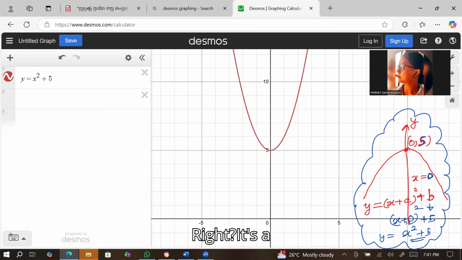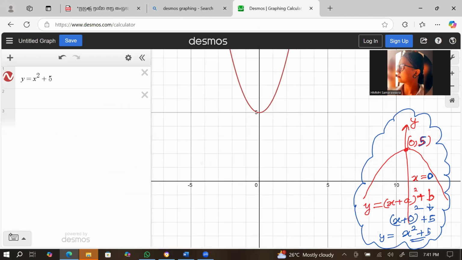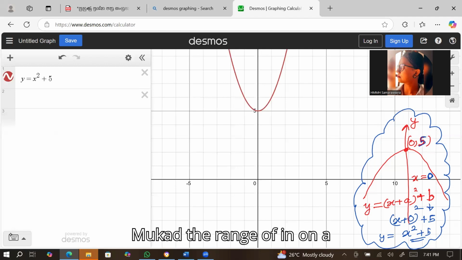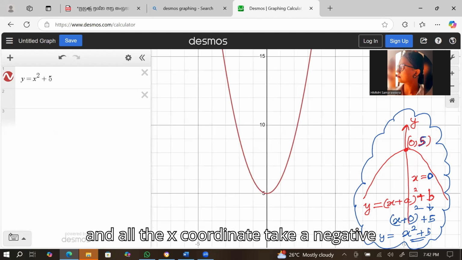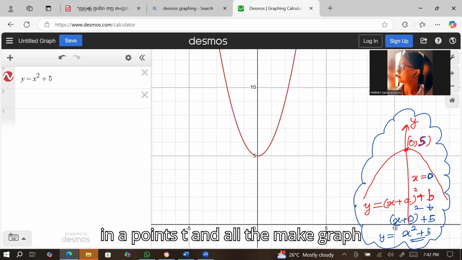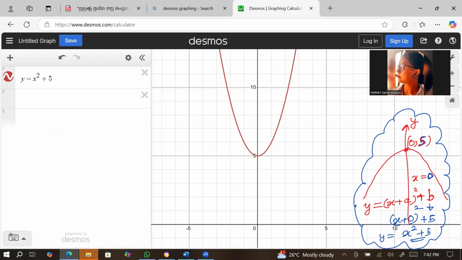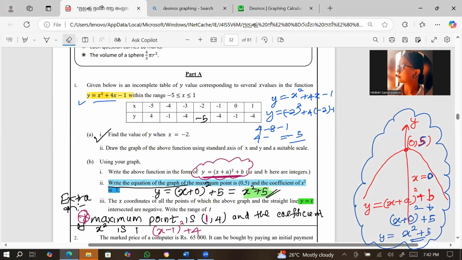What should the range be? The x coordinates should be negative. Then does this graph have points whose x coordinates are negative? So what should be the range of t?